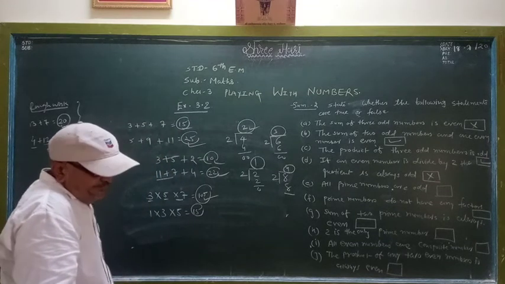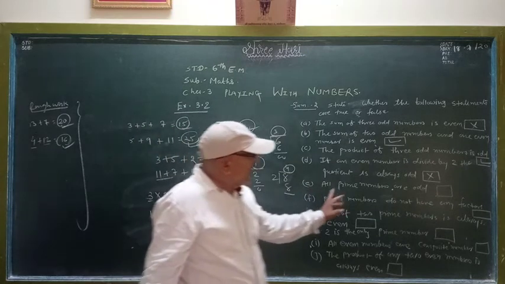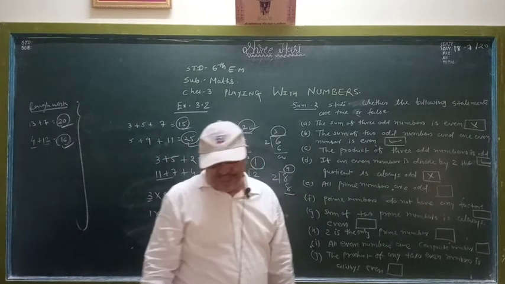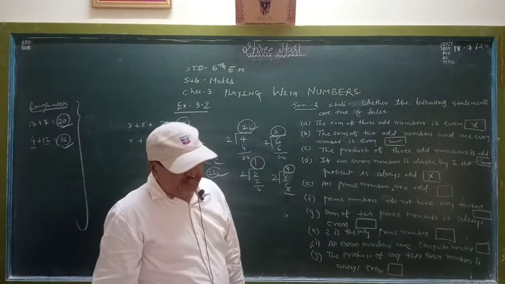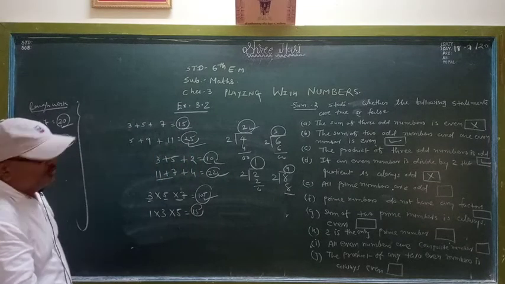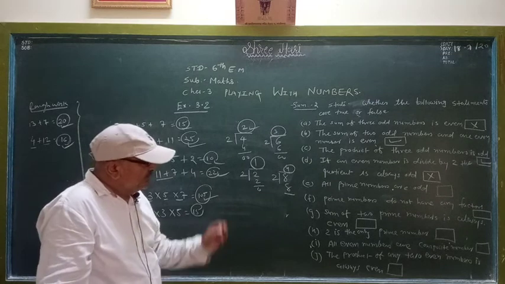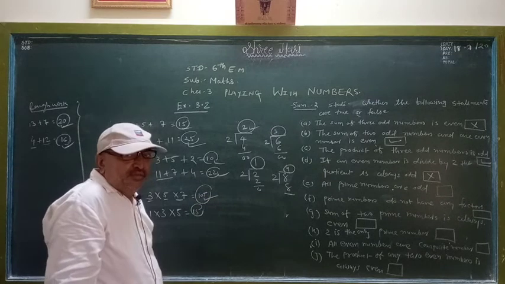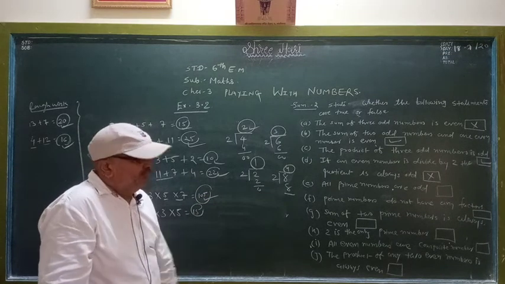Statement E. All prime numbers are odd. Last period I told you about prime numbers. What is the meaning of prime number?